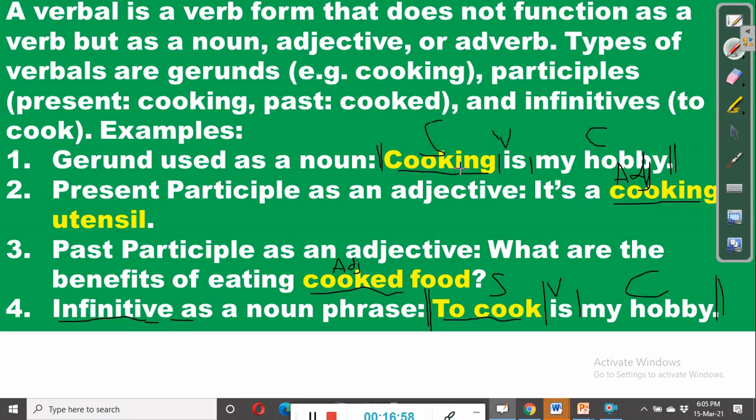It's now functioning as other word classes, three to be specific: a noun, an adjective, or an adverb. So we have been able to look at verbals because we said that an infinitive is a verbal, and we had to explain what a verbal is, and we identified three types of verbals.